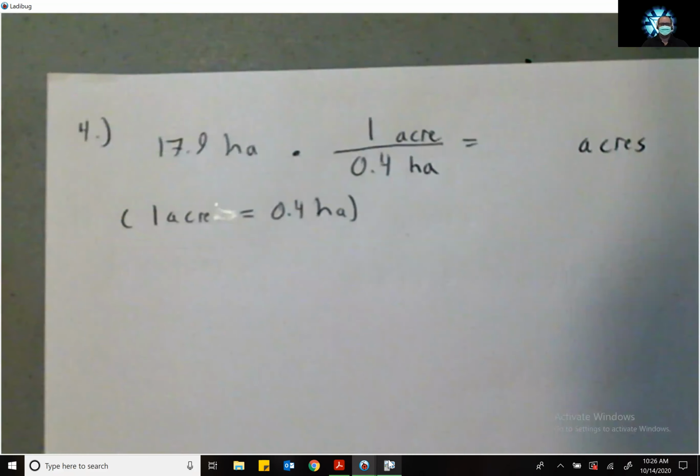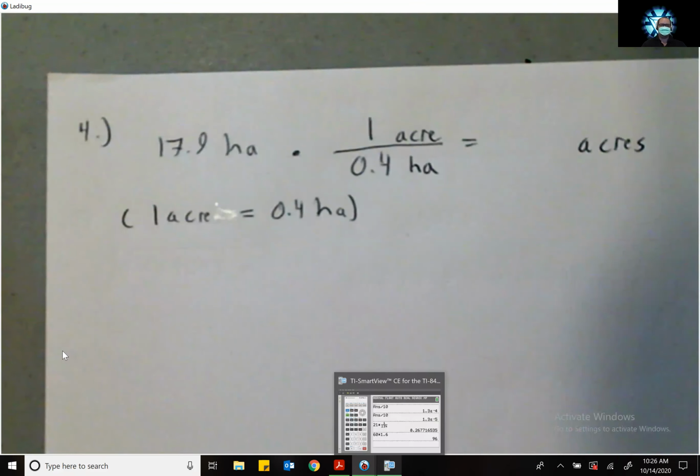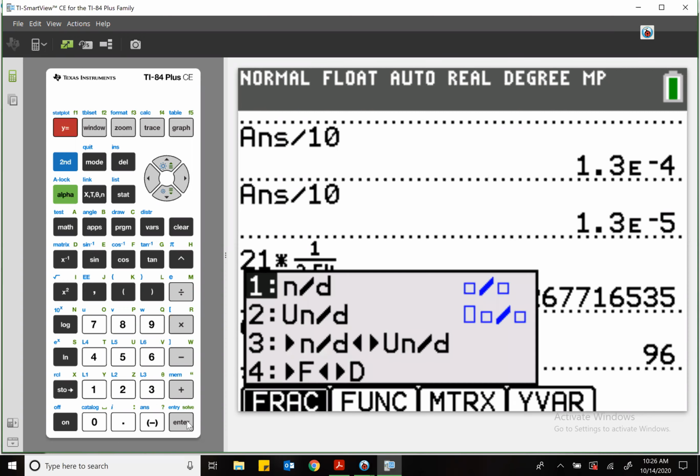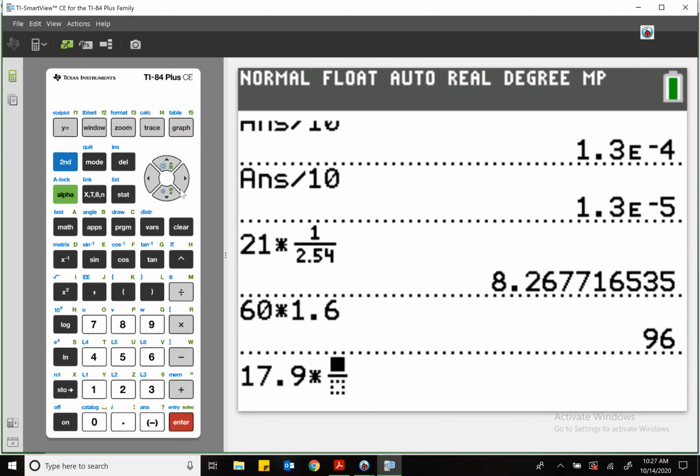And then we just go to our handy dandy calculator and do some quick multiplying. 17.9 times, where's our best friend, the fraction? 1 over 0.4.